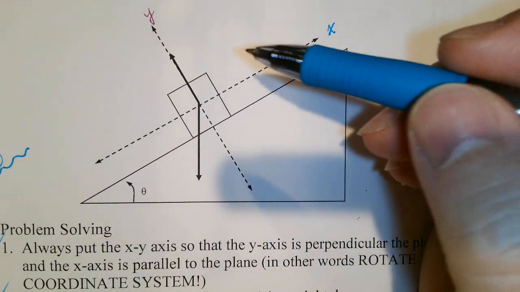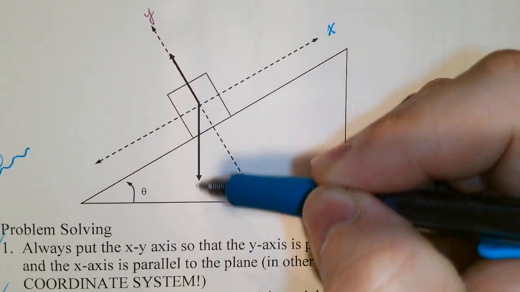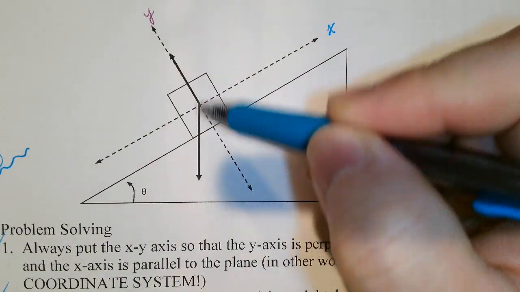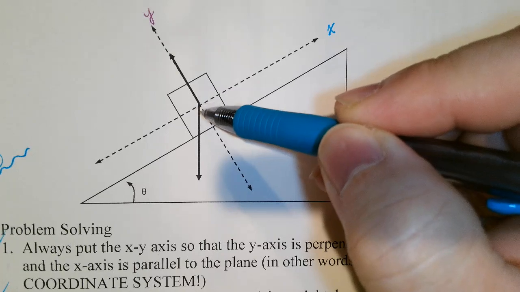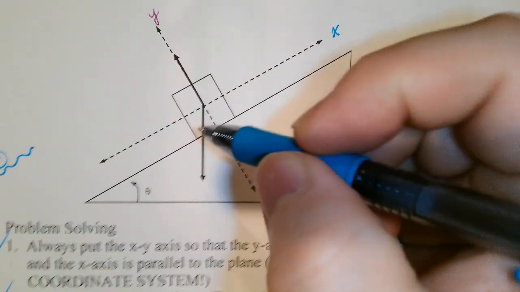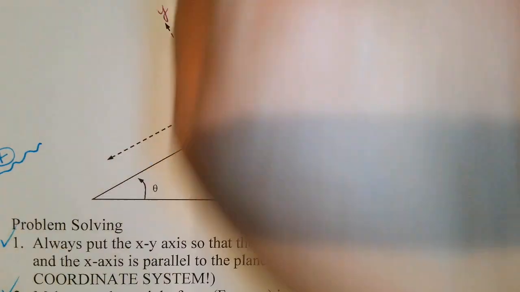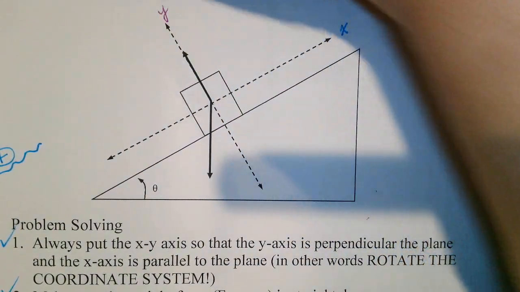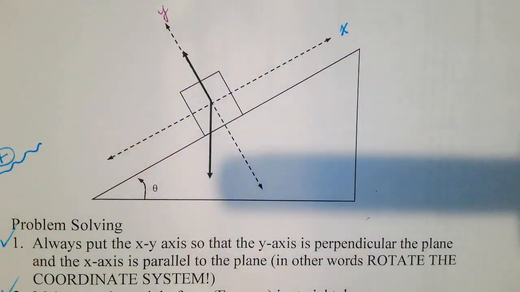And since Fg is in the xy plane and it's not on the x-axis or the y-axis, this Fg can be broken up into its components.